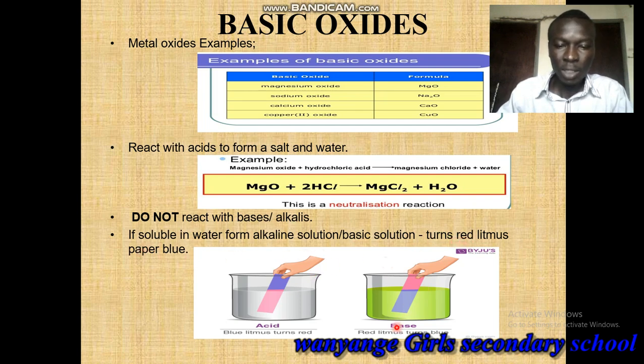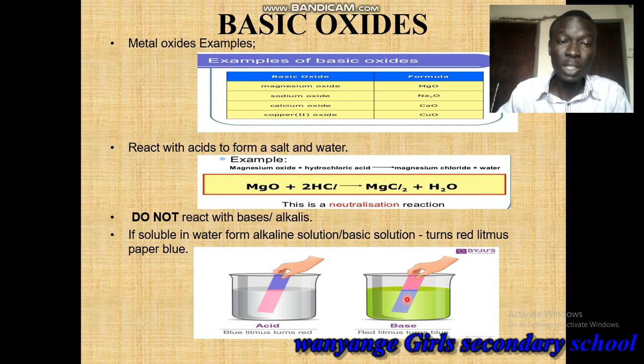Look at this. This solution in this container is a base. It is a basic solution or alkaline solution. Now, when you dip this red litmus paper into this solution, look at the portion which is inside the solution. The color of that red litmus paper has changed from red to blue.